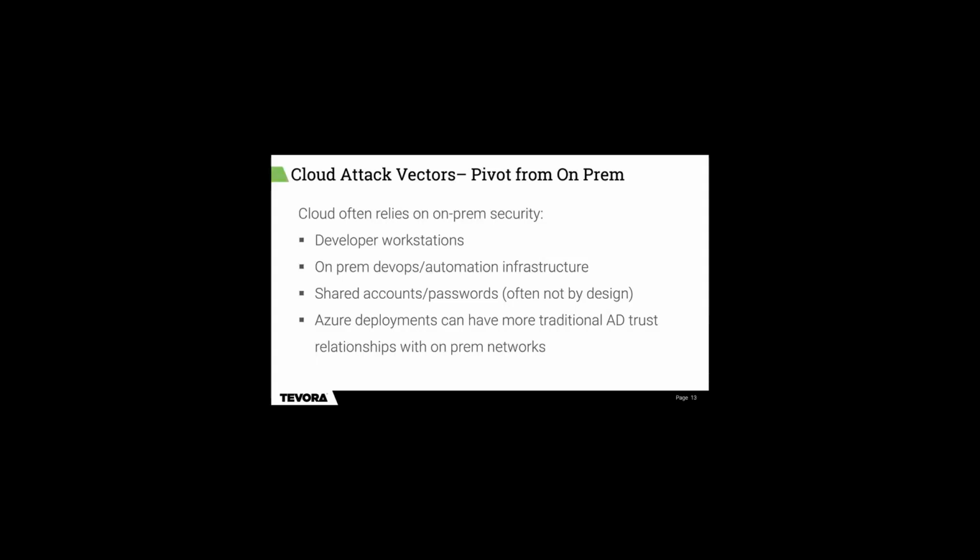Another on-prem thing that affects cloud security is DevOps and automation infrastructure. Unauthorized access to infrastructure like GitHub can be used to search for hard-coded credentials. A lot of the time, developers use either dummy credentials or credentials that aren't valid. But sometimes, in rare instances, you will find valid credentials.